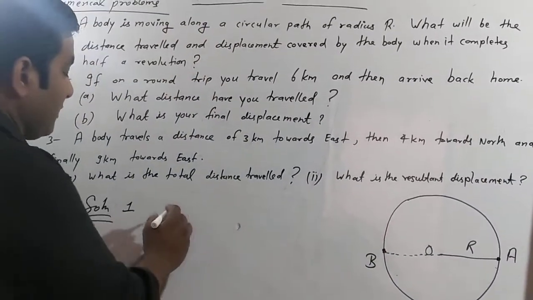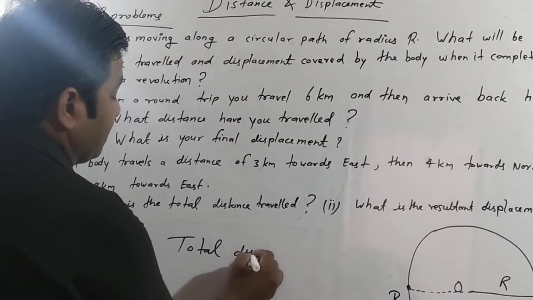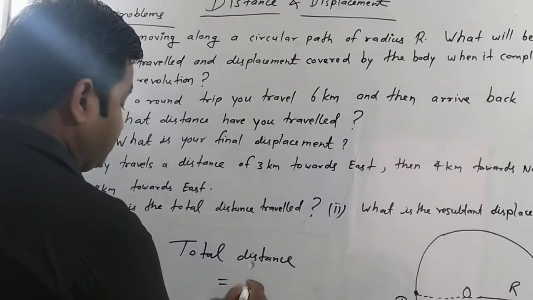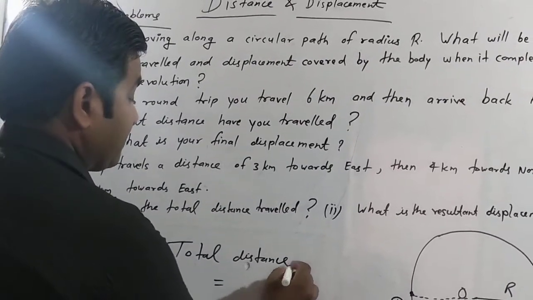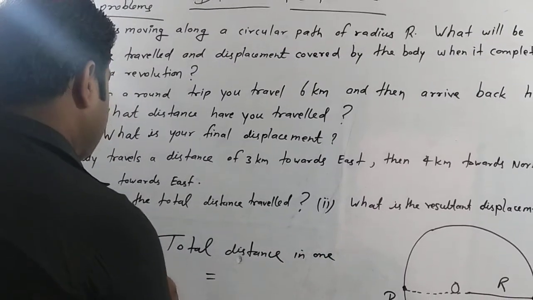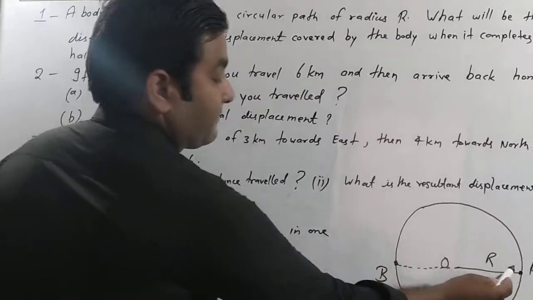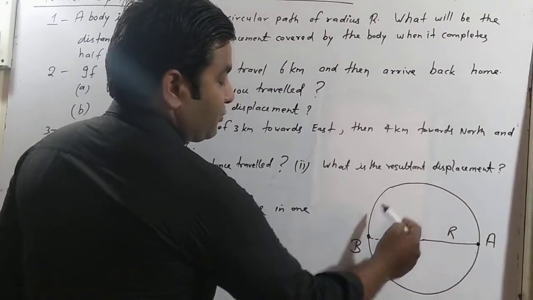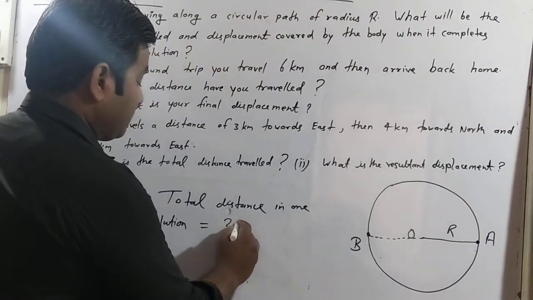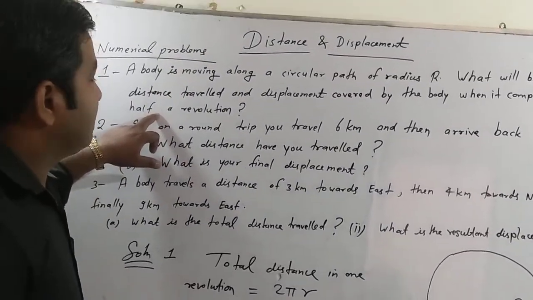Then total distance equal to, here total distance in one revolution, that is what? If the body covers distance from A to B and further B to A, then it will be the circumference, and the circumference value what? 2 pi r, and here indicating that is the half value.